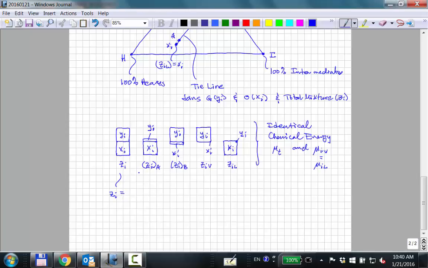We usually call this fraction vapor. We can write fraction vapor. So that would be the moles of vapor over the total moles times the mole fraction of yi, plus 1 minus vapor fraction. So this would be moles of liquid over the total moles times this, okay?